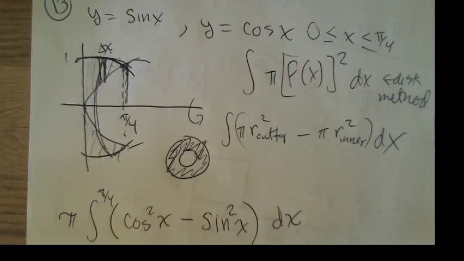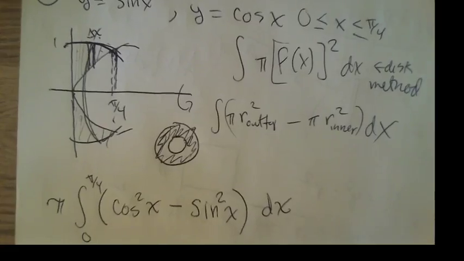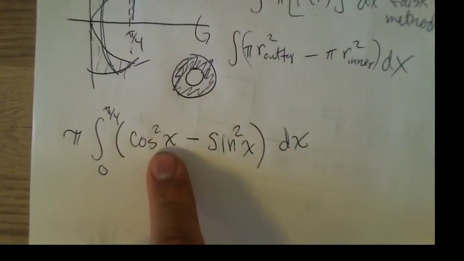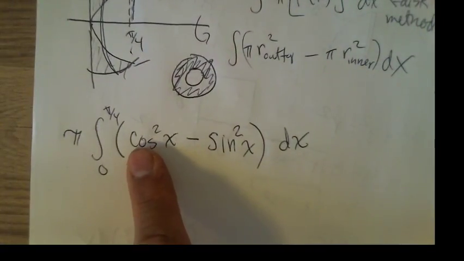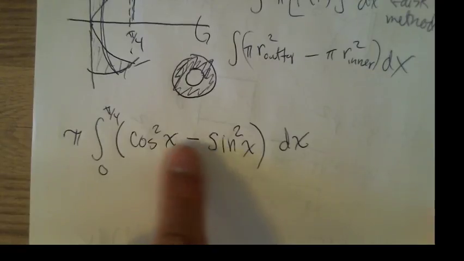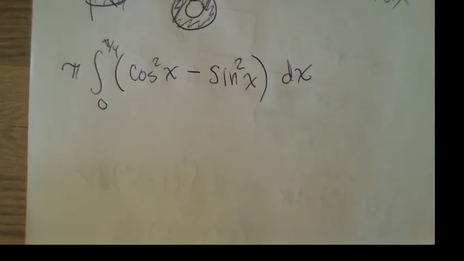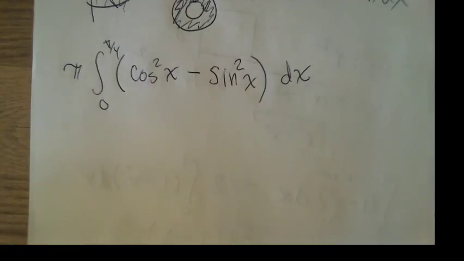Okay. All right, so now from here it's a matter of, all right, how do I integrate this? Now keep in mind you have cosine squared and sine squared, and it's a minus. So looking at this, I'm going to need an identity.